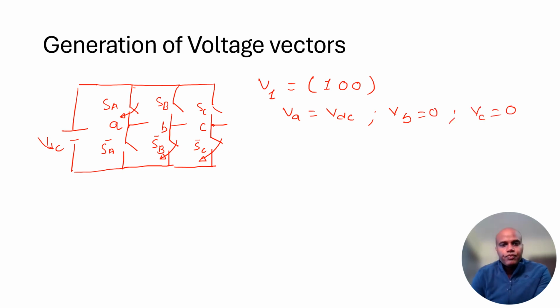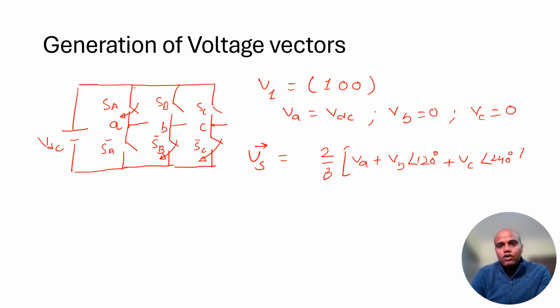So if I have to create the voltage space vector, it is 2 by 3 of VA plus VB at an angle of 120 and VC at an angle of 240.